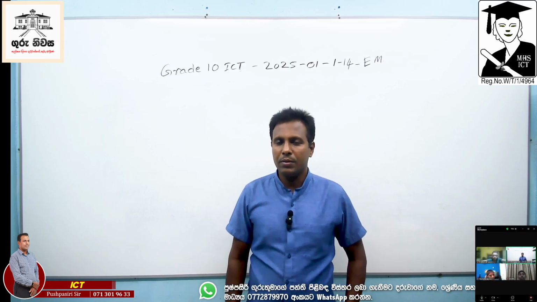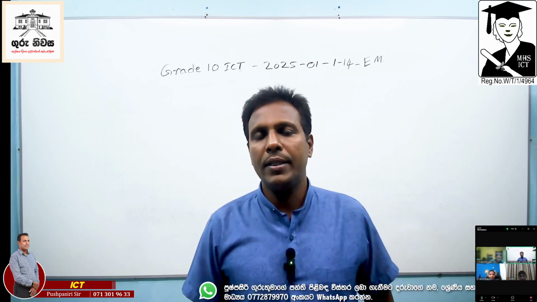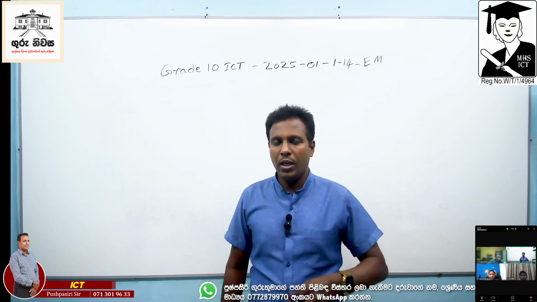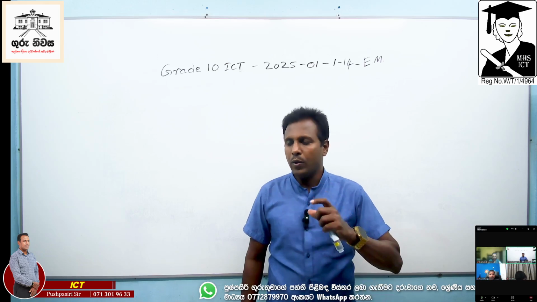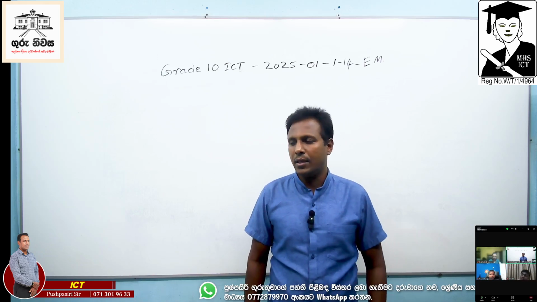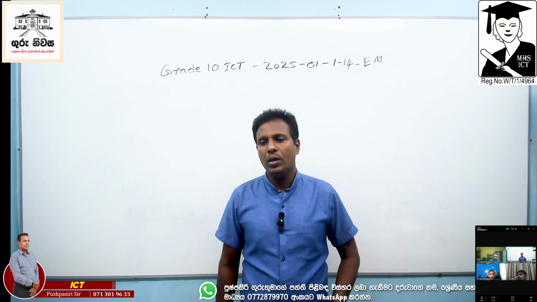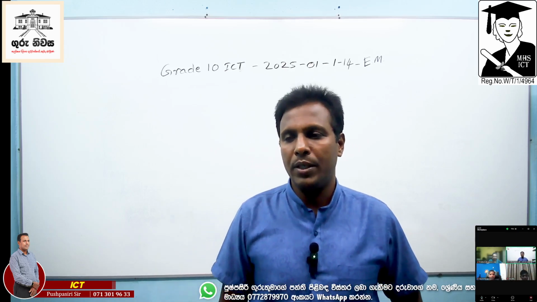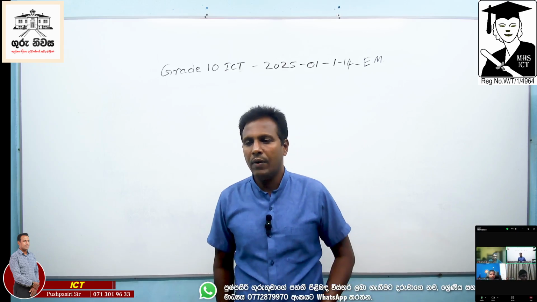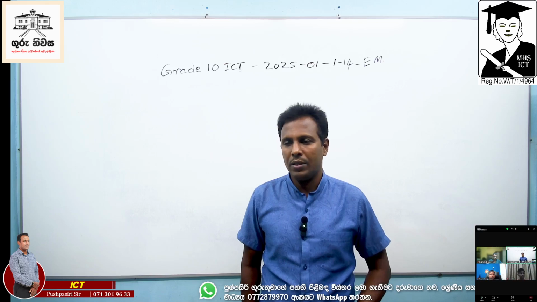The first point in the first lesson is how to identify data and information. Every year in the O-level exams, one question is on this section, right? Then, what is a system?